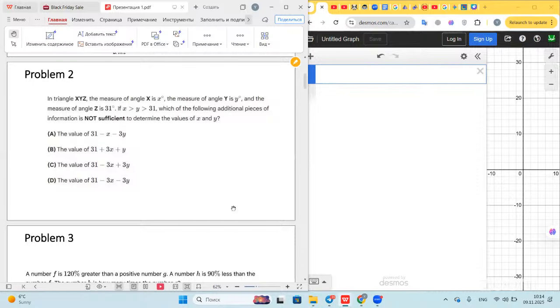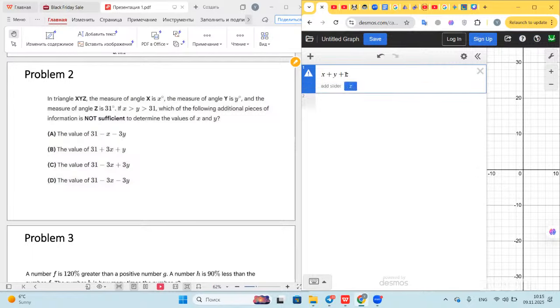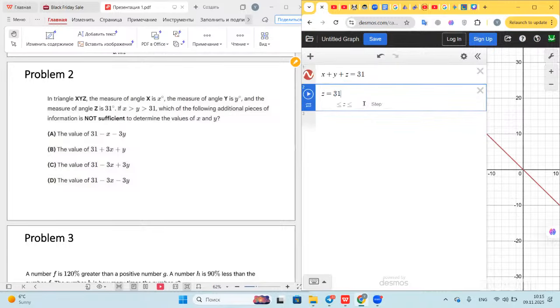If x plus y plus z equals 31, which of the following information is not sufficient to determine the values of x and y? Guys, look. We are given that x plus y plus z equals 31, and z equals 31. And look, guys, which information is not sufficient?